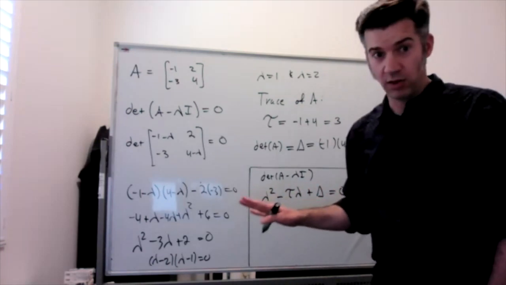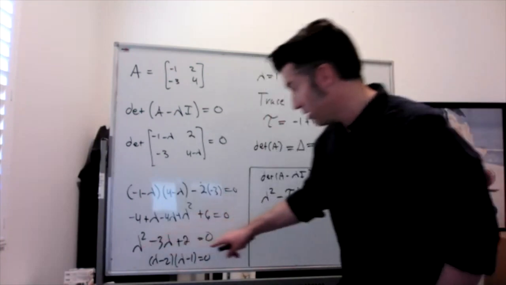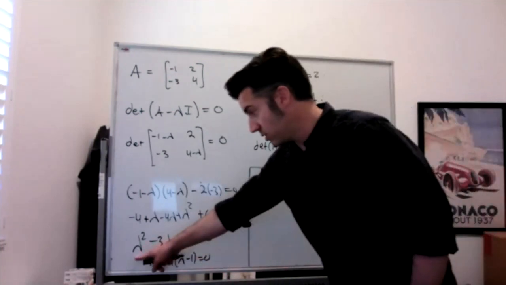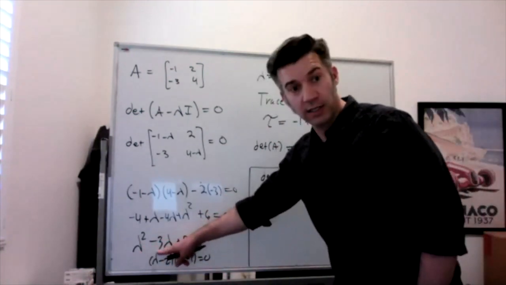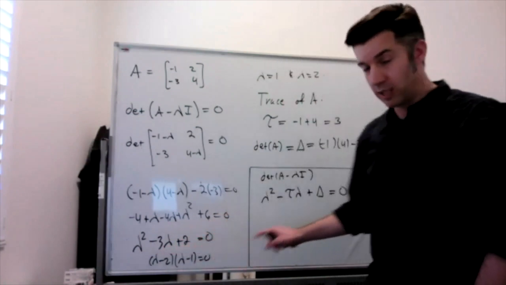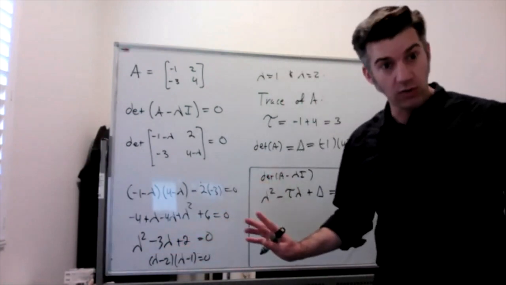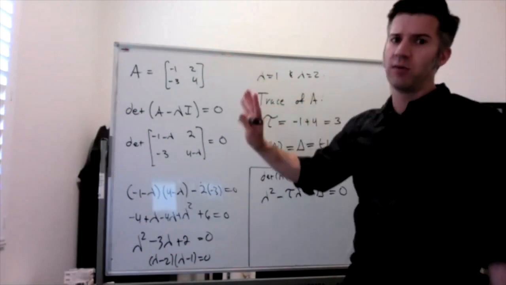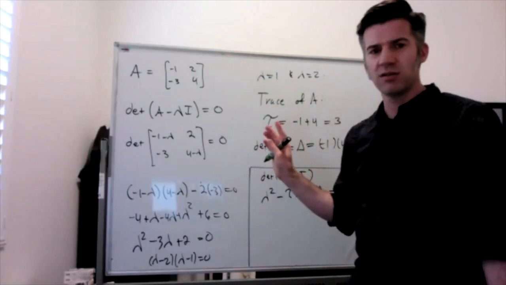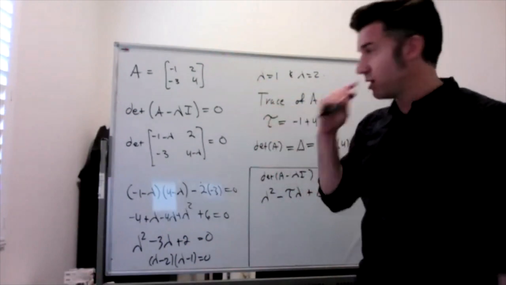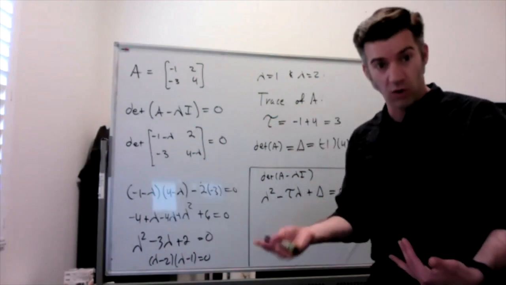So hopefully you guys can all see that. In this equation, I exactly got lambda squared minus the trace times lambda plus the determinant equal to 0. For bigger matrices you get higher powers, but for a 2 by 2 matrix, this formula is always true.